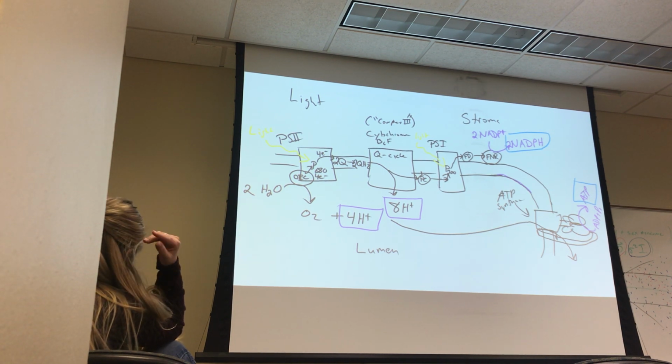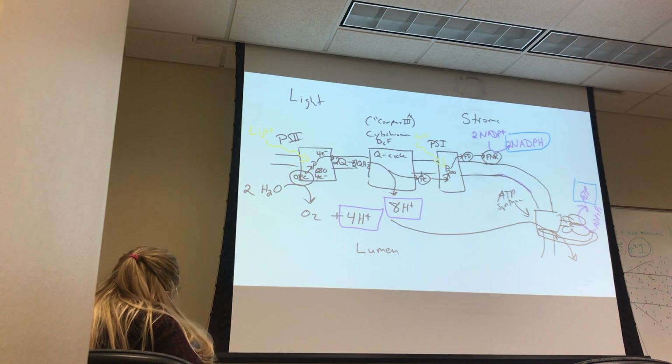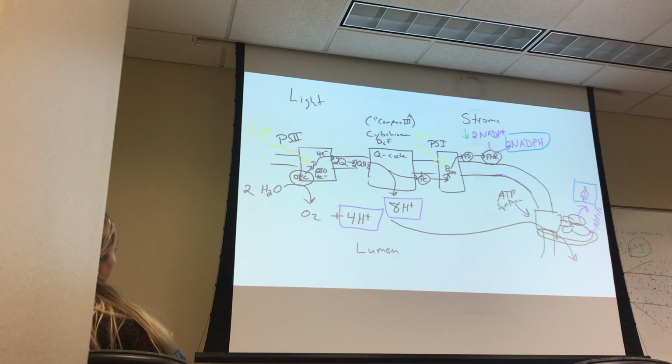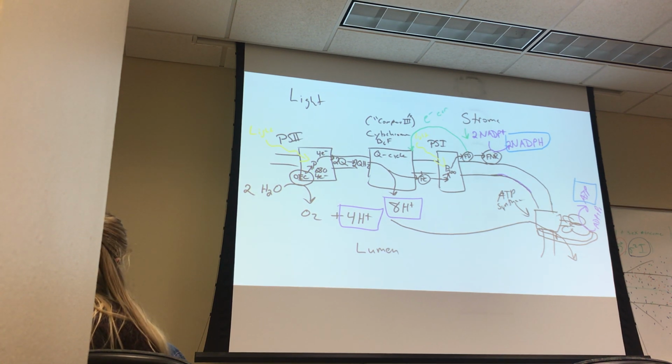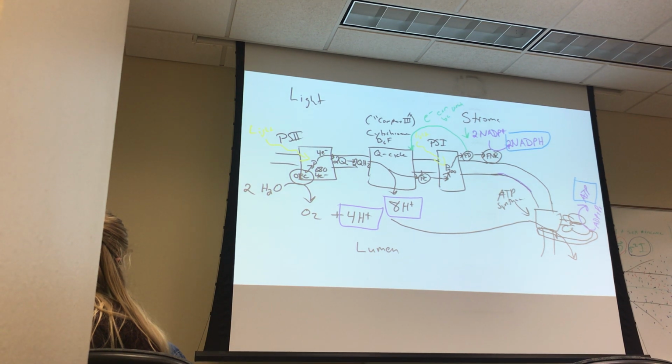So if this is blocked over here, so let's say this concentration gets low, what happens is this can shuttle these back to the Q site, basically back to cytochrome B6F, and basically can pump protons. Do you remember that? You can shuttle electrons that can be used for pumping protons.